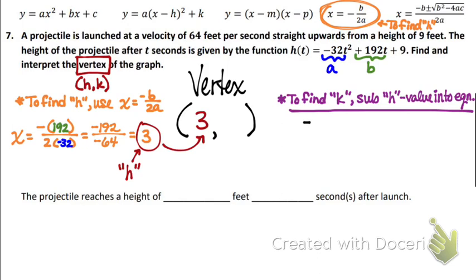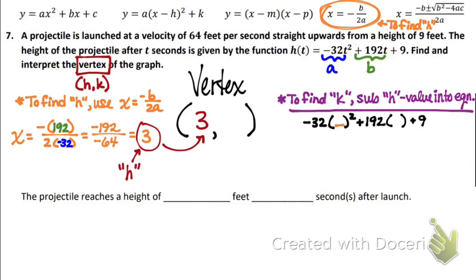So our equation, negative 32, and then it has t squared, so that's where we're going to make our substitution. Plus 192, and then it has another t, so we're going to substitute again. Plus 9.